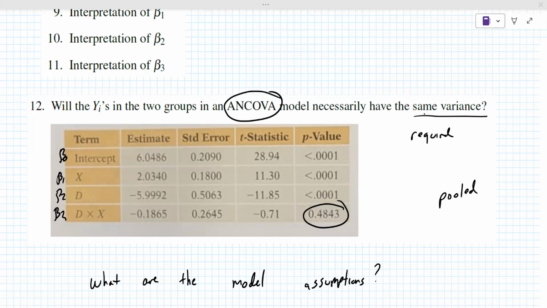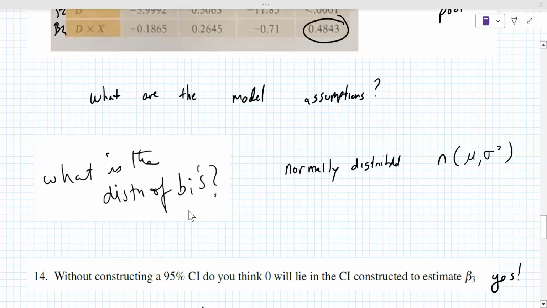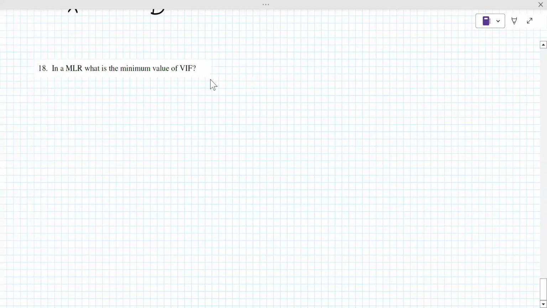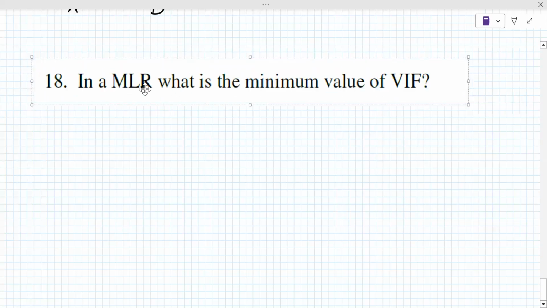All right. In an MLR, what is the minimum value of VIF? This sounds like a question where you have to know the acronyms. The VIF is the variance inflation factor, and from my notes, when it equals 1, there's no correlation.